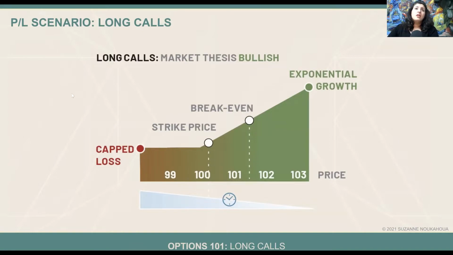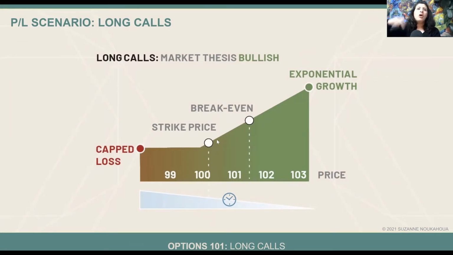So again, with long calls, you are really looking for exponential growth, and you have a capped loss, because the maximum you can lose in a long position, in a long call, is the premium that you paid to get in. And that is true for everything that is a debit. Anytime you pay a debit to get in, that is your max loss.